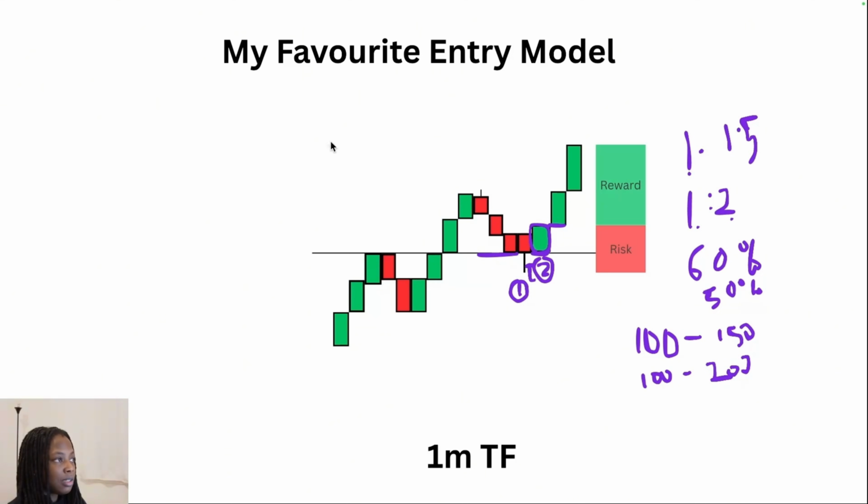So that's my favorite entry model that I have seen work well and has the highest probability of the trade working out in your favor, and you know that your stop loss is just one candle away and your profit target is either 1 to 1.5 or 2R, depending on the market context, obviously.